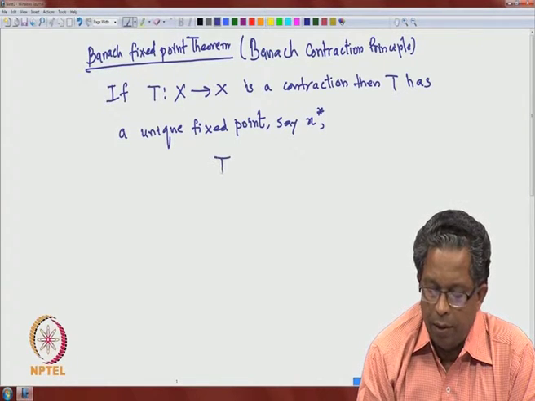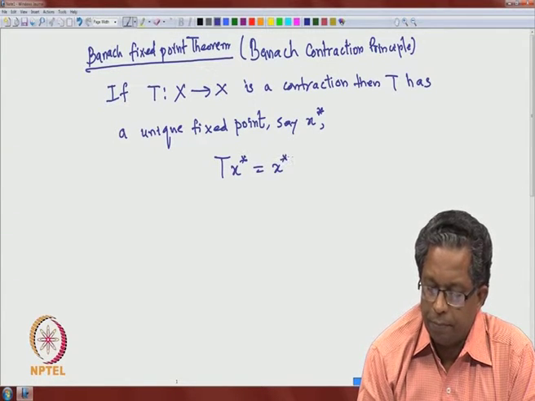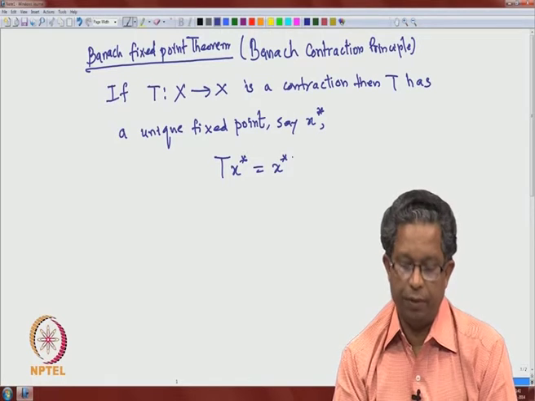That means T of x star is the same as x star. The point x star is a fixed point.